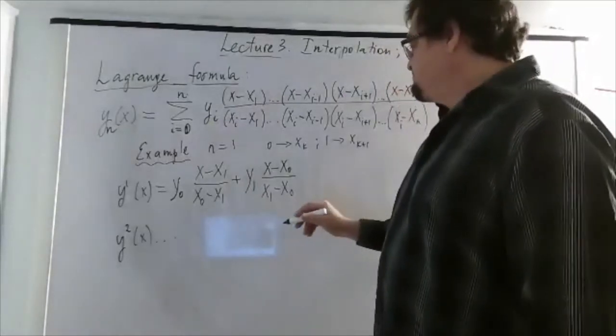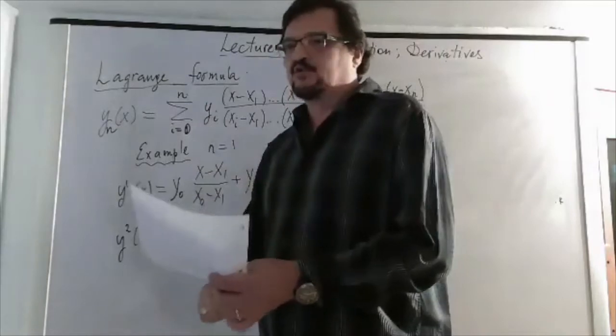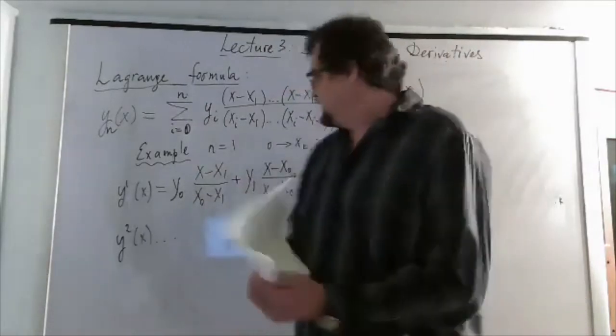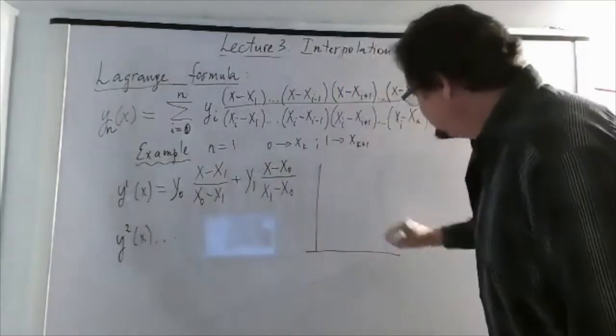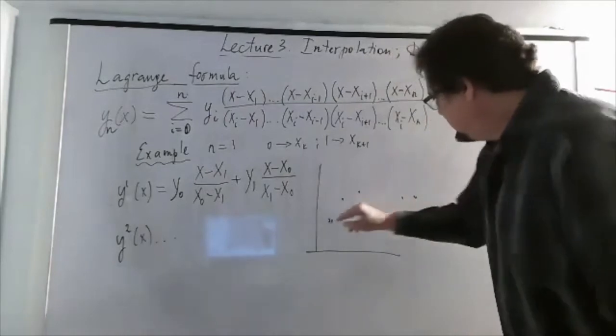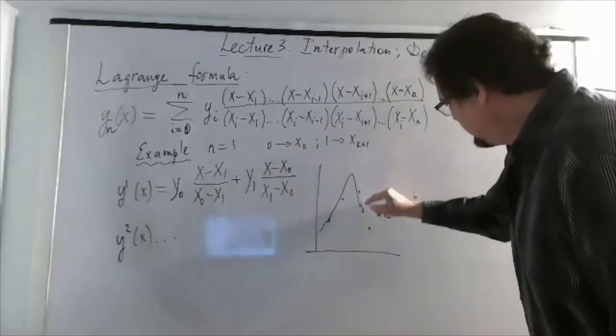Okay, so there is a danger though if you have so-called overfitting, because you have some grid points and all this. So your polynomial may go like that.